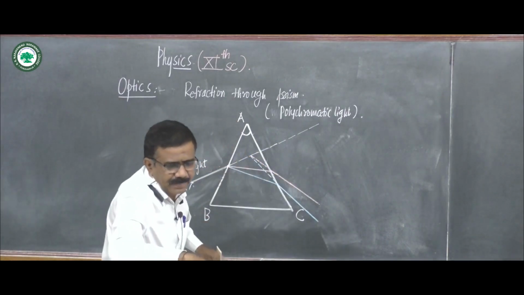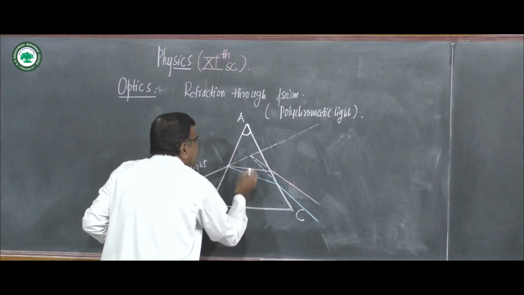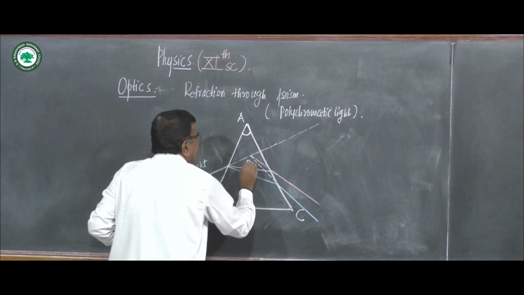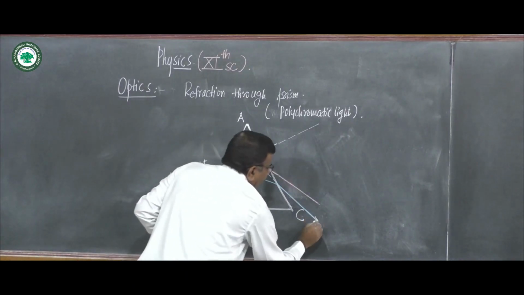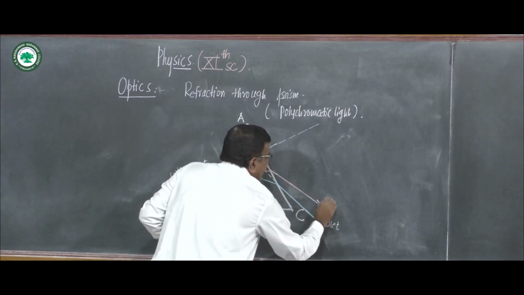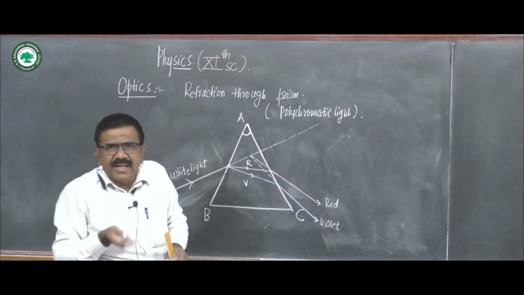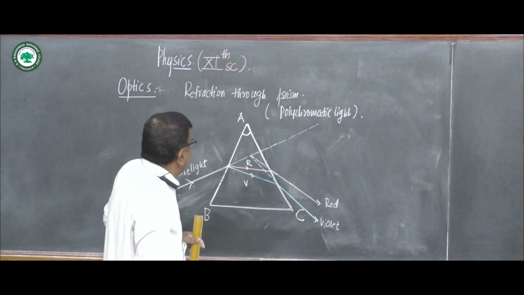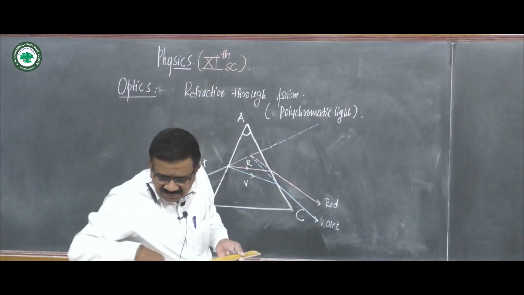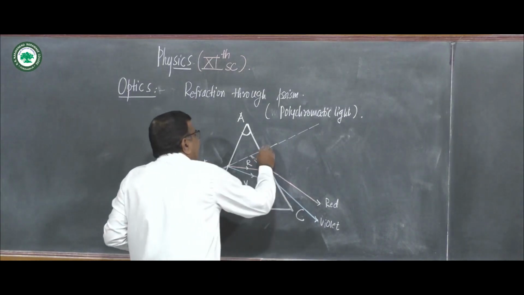See here, this is violet, this is red, violet. In between violet and red, there are 5 colors: violet, indigo, blue, green, yellow, orange, red. Angle of deviation is maximum for the violet and it is minimum for the red.